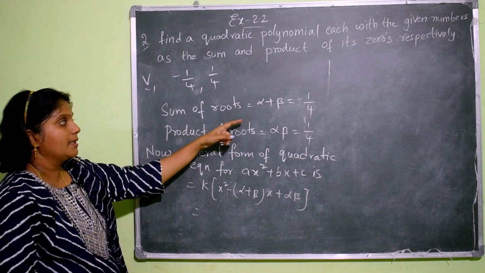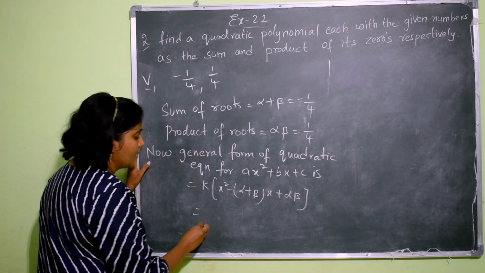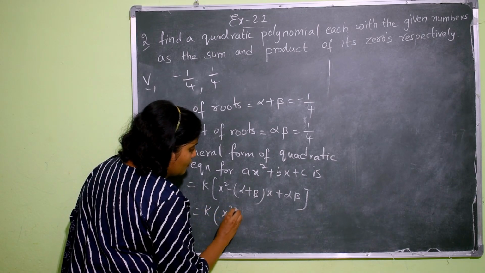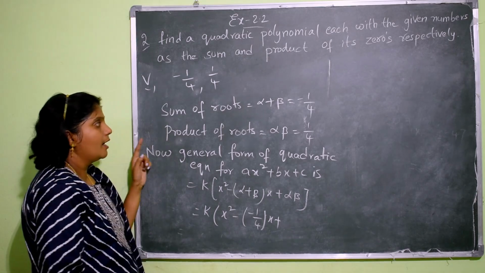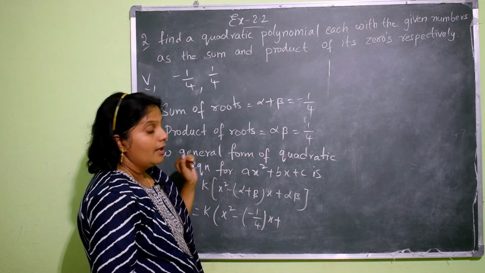So what is alpha plus beta value we have got here? Minus 1 by 4. So minus 1 by 4 into x. And what is the alpha beta value given here? 1 by 4.